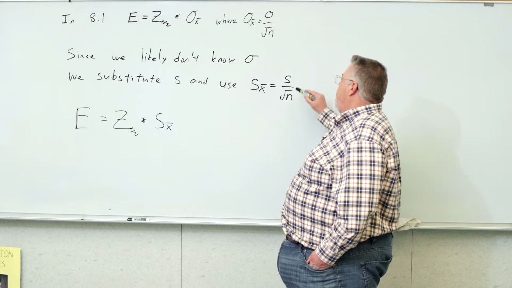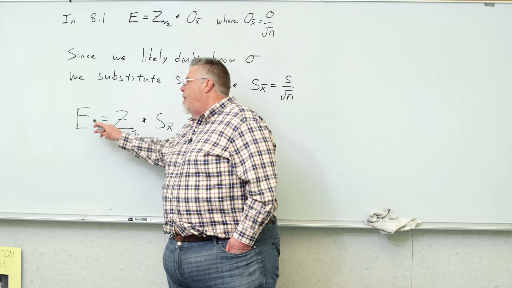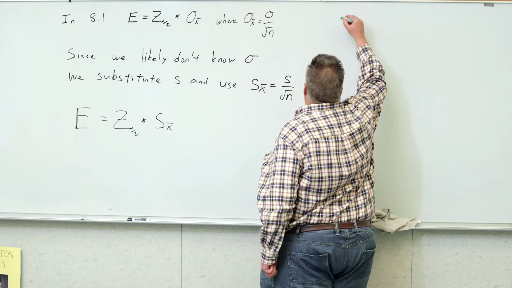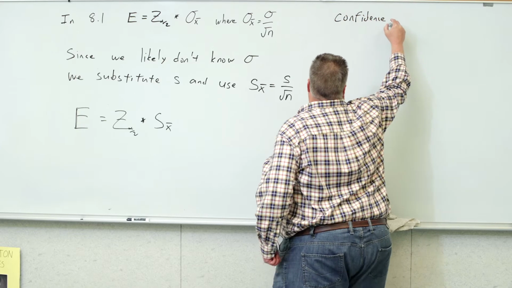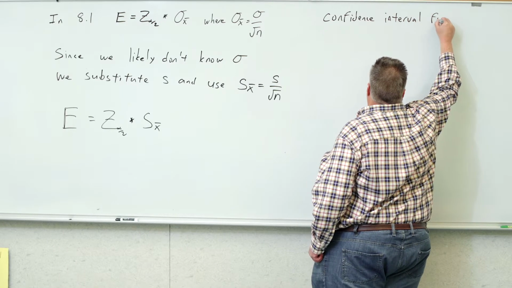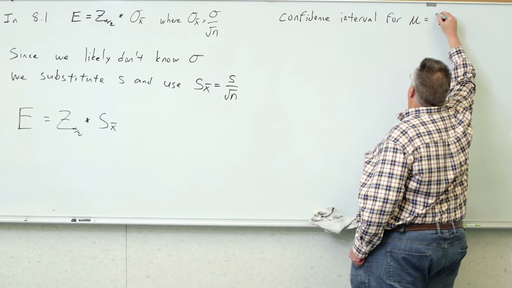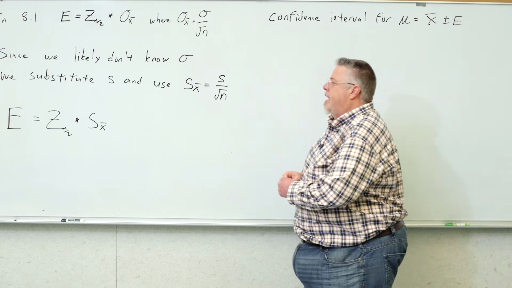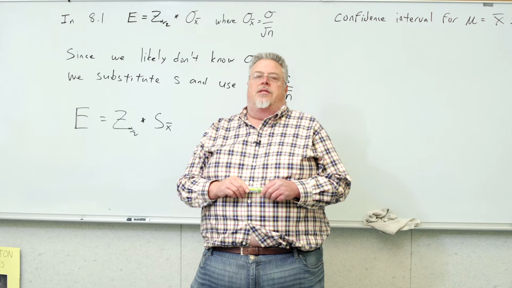So what was happening, S was too small, my error was a little bit too small, and so my confidence interval for mu, x bar plus or minus e, people were making 95% confidence intervals and finding they weren't correct 95% of the time.